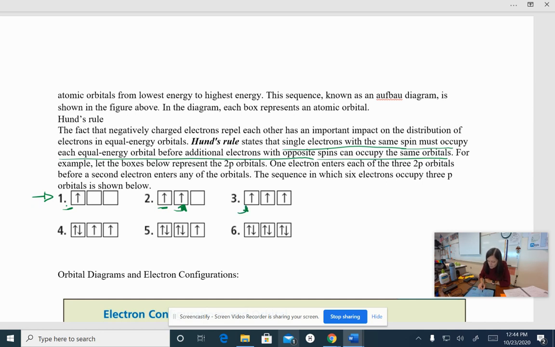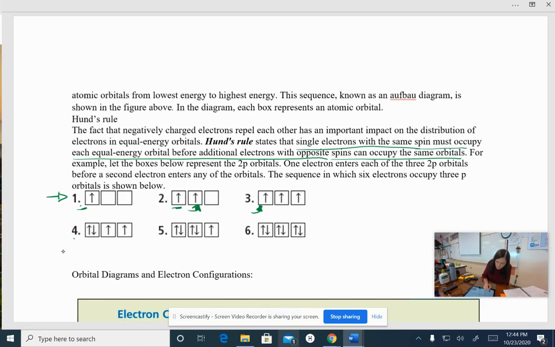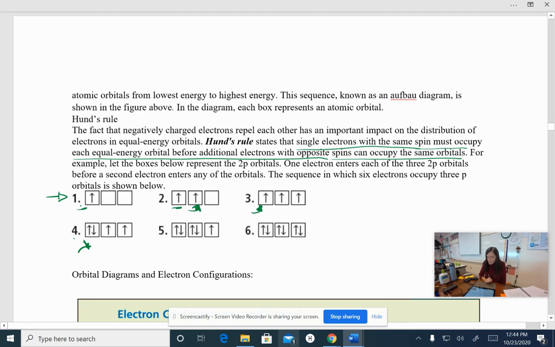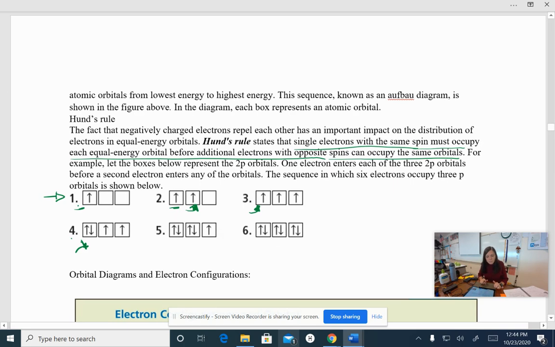And the third electron will have the third orbital so that they don't share. Now, when that fourth electron comes in, they have to share. So they are going to start doubling up. And you will see that here. They don't double up until each of the orbitals at that energy level are completely occupied by a single electron.